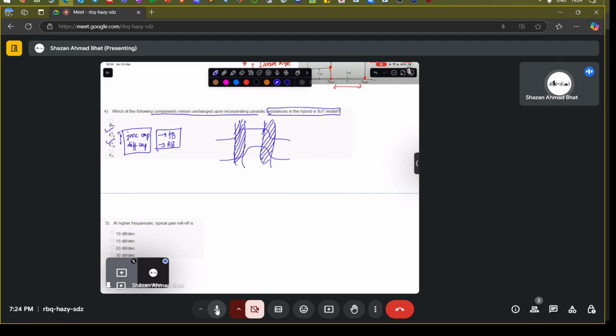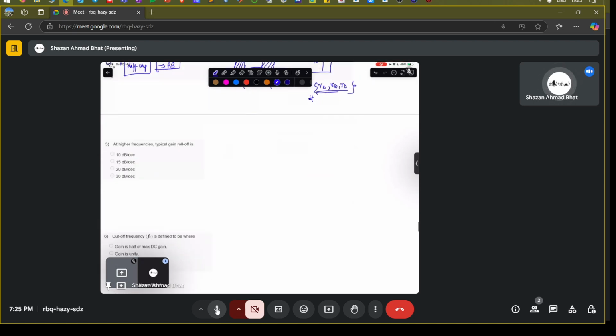In this model, this is C pi, then there is C mu. These capacitances do not change even if you include the other parasitic resistances like the emitter resistance, the base resistance, the collector resistance. That's not going to change these internal capacitances at all, because they are related to how the charge storage takes place.